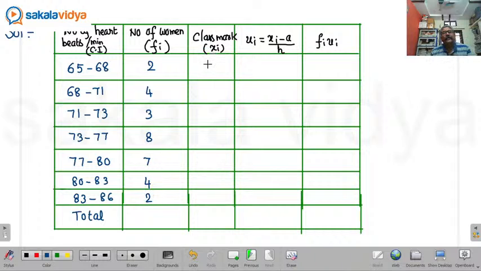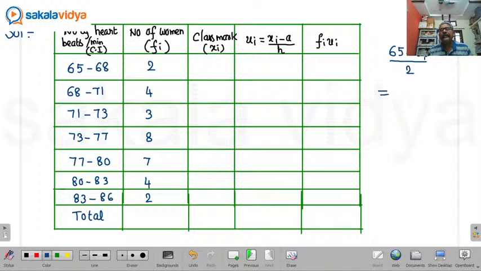Class mark is very important. How to find the class mark? Here the class mark is, you see, 65 and 68: 65 plus 68, this is a continuous class interval, upon 2.